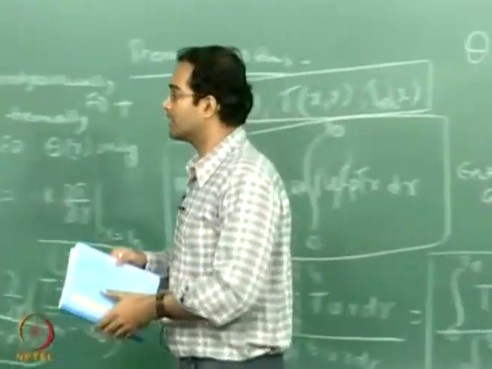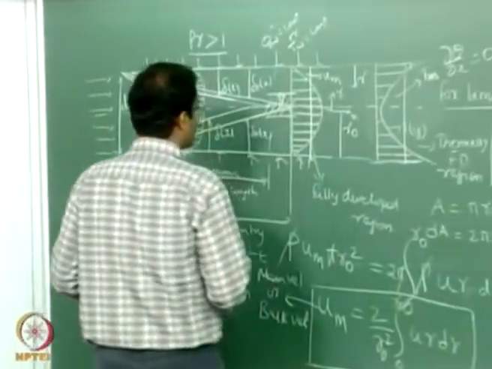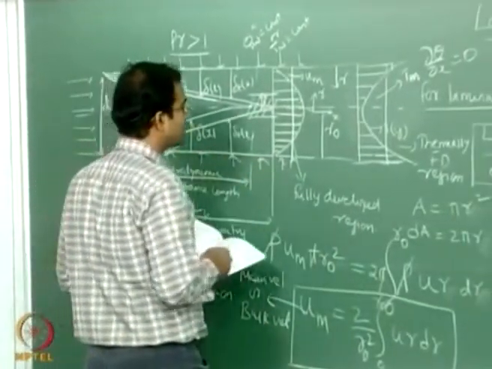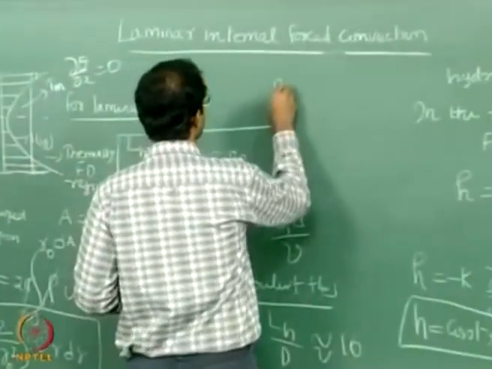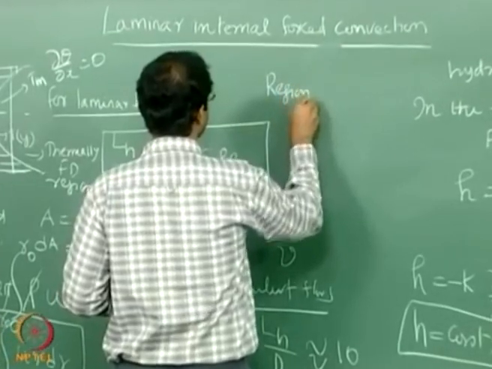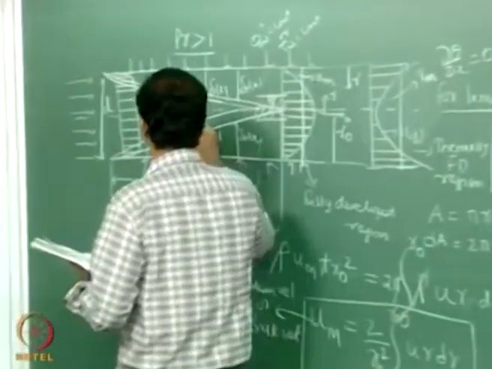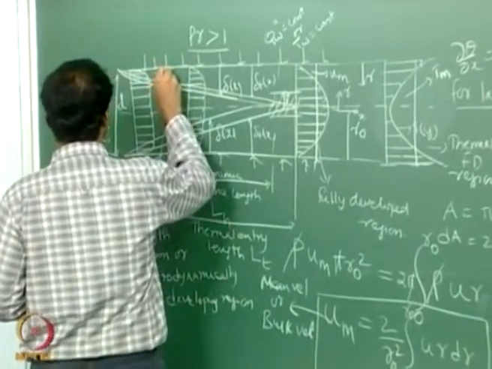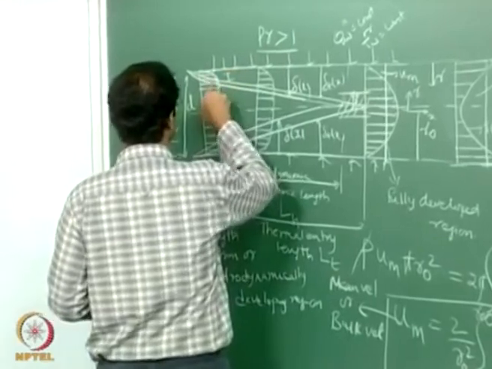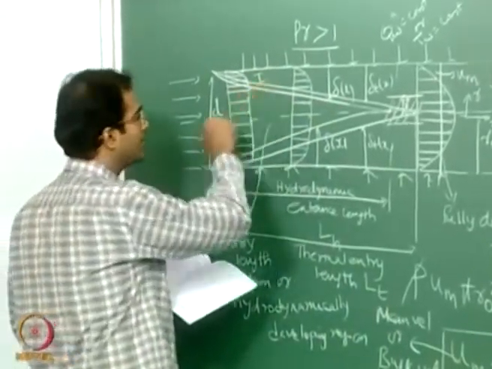Okay, so with that, this gives you a brief overview of what we are planning to do, and in the next 9 hours or so, we will focus on 3 regions. First we will look at what is called region 3. Let me identify this. This is region 1 right here, where your velocity hydrodynamically is growing and also your thermal boundary layer is growing.